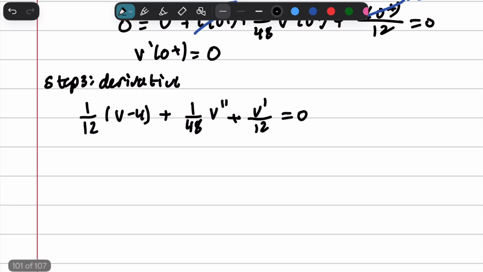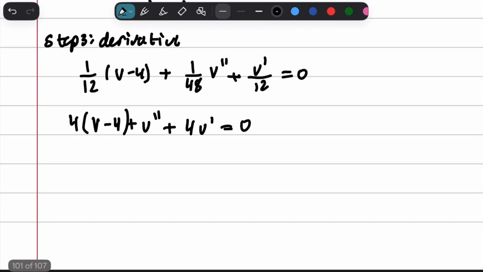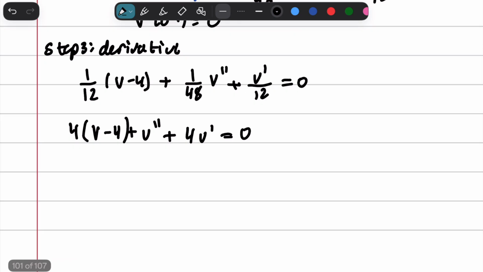We're going to multiply everything by 48. We're going to get V minus 4 plus V double prime, 4 times (V minus 4) plus, same thing here, 4V prime equals 0. And we will get V double prime plus 4V prime plus 4V is equal to 16.